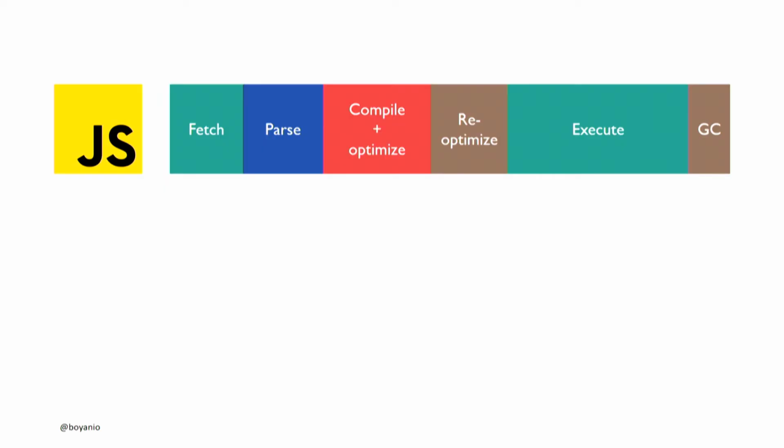If we look at how JavaScript is loaded today, we have to fetch the JavaScript file. And then because JavaScript is a textual language, we have to parse it afterwards, and it takes some time. And then we go into this phase of compilation and optimization.